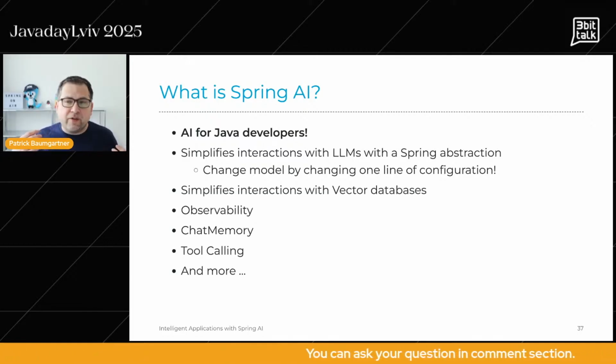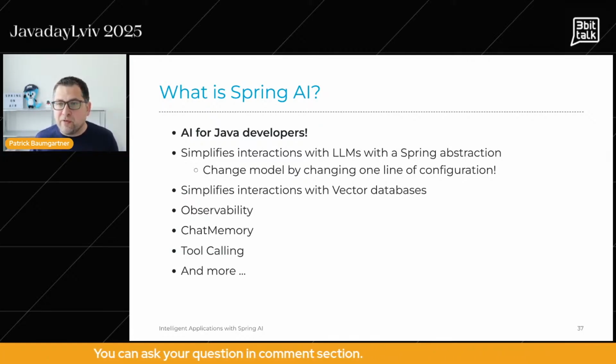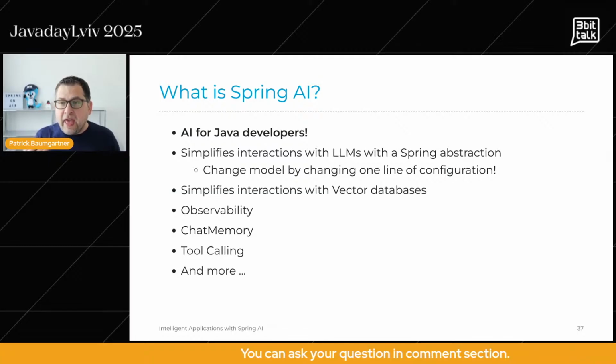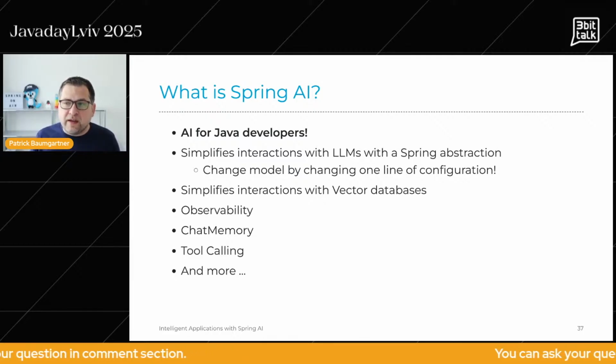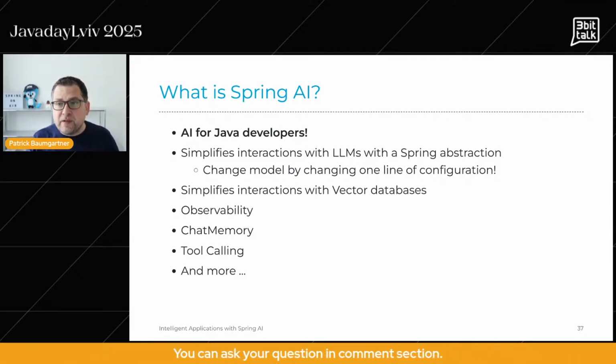You get features automatically if you use Spring Boot, for example, observability built in, because all the Spring libraries these days, when you add an actuator to your Spring Boot app, have automatically built-in observability. Spring also provides different things like integration for vector databases, chat memory, tool calling, MCP server integration, and other things.